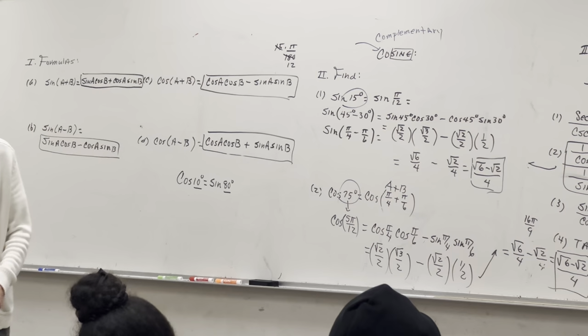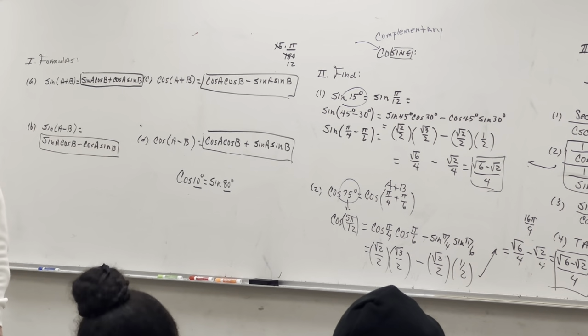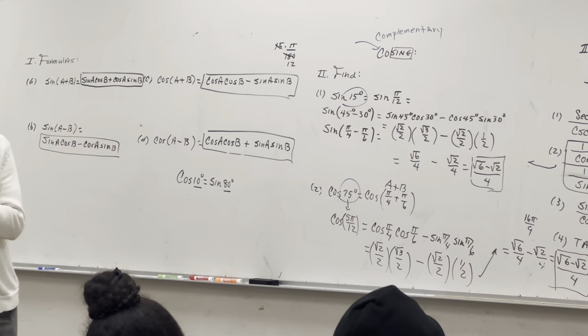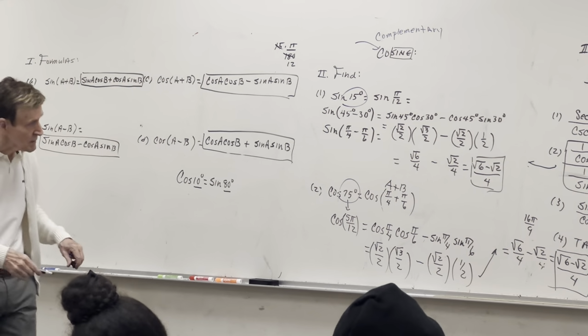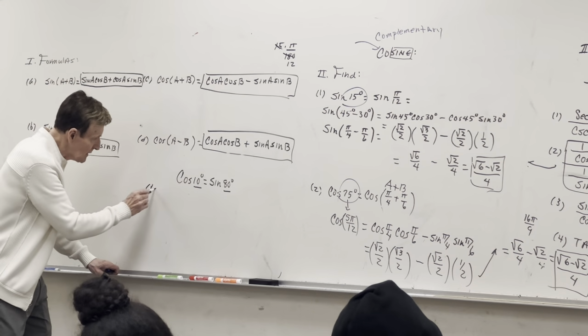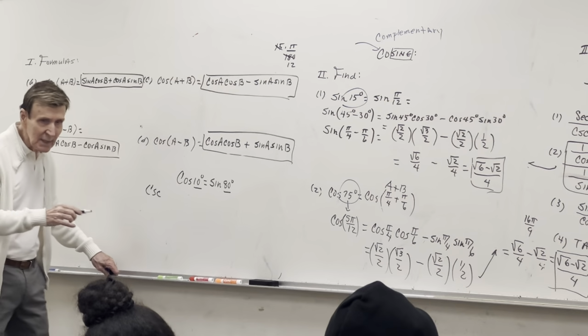Oh, by the way, before you leave for the break, are there some other CO words that we had besides cosine? Cosecant works the same way. Look at this, cosecant, CSC. And the word cosecant is what, secant?